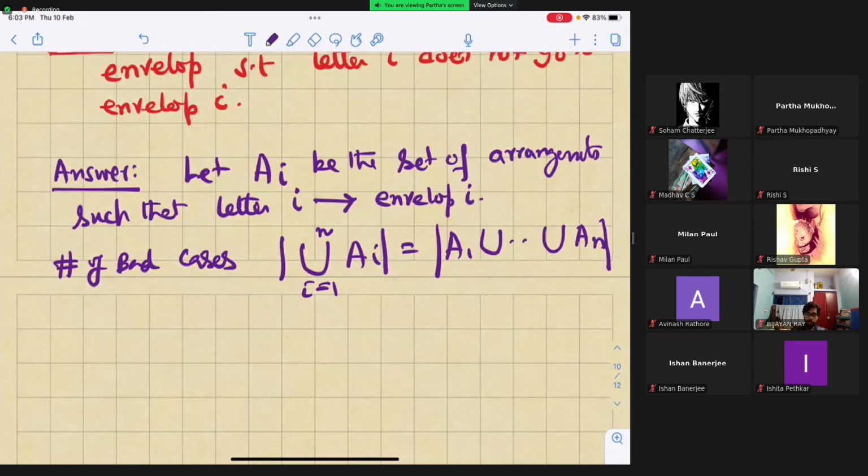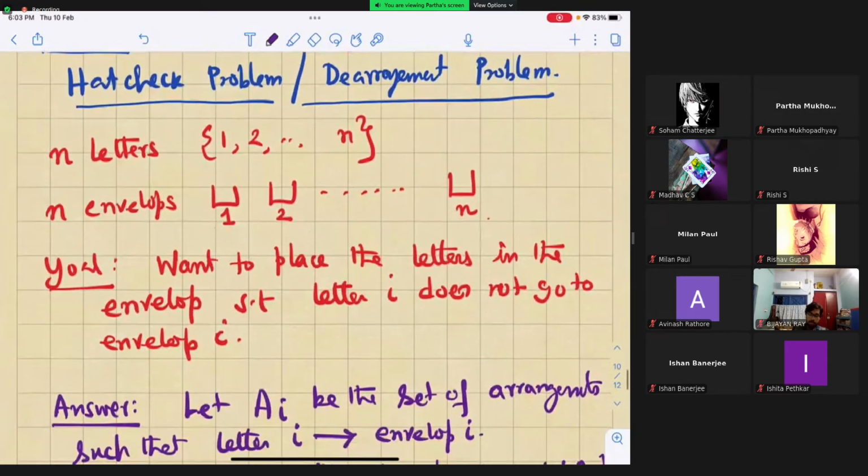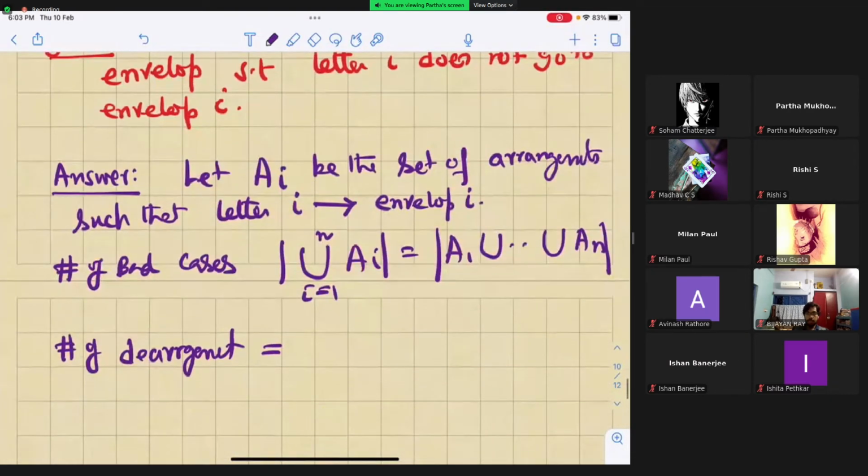Why? Then the number of derangements will be what? What is the total number of placements? Since every envelope should contain exactly one letter, the total number of arrangements is n factorial. And this is the bad choice where the condition is violated. And this is your correct number.